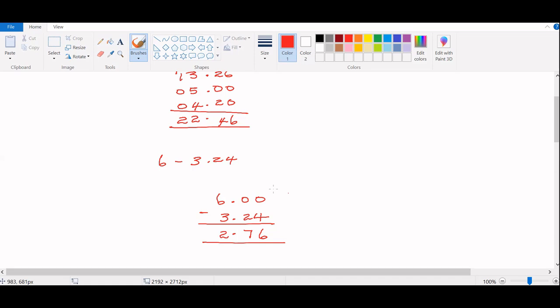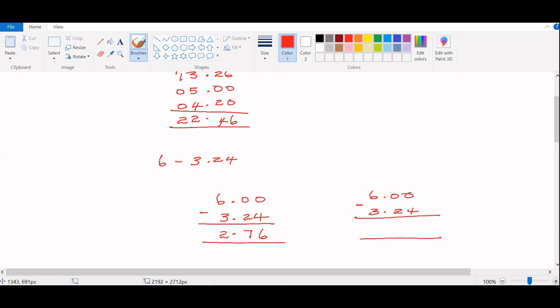Now, if that is not clear how I did that, that's just another way of doing that kind of subtraction. And we are not using our calculators, by the way, we are doing it with our brains. If that's not clear, we do it as we normally do it. 0 minus 4 cannot.